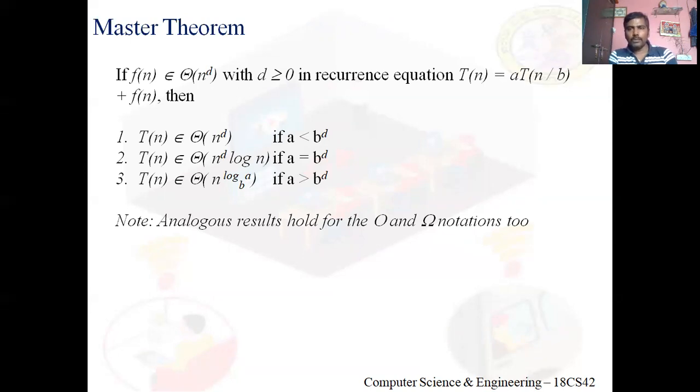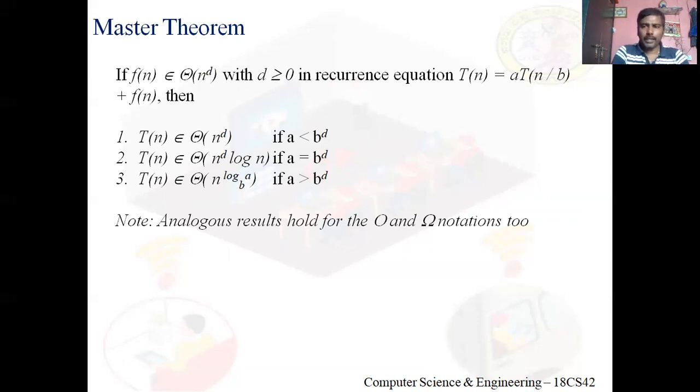I said for any divide and conquer algorithm, time efficiency is represented by the recurrence T of n equals a T of n by b plus f of n. Clear?